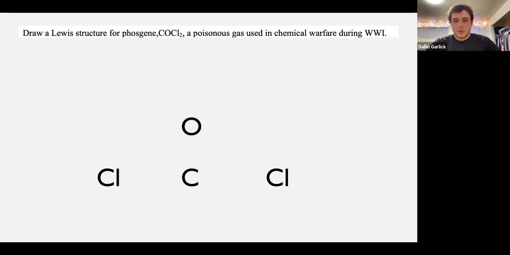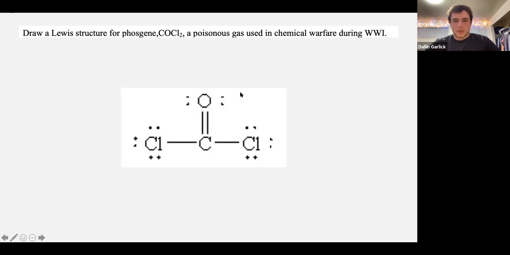So in this scenario, we will have a double bond here between the oxygen and carbon. As seen here, there would have been an extra carbon and an extra oxygen valence electron, and those 2 form a second bond, which is a double bond.